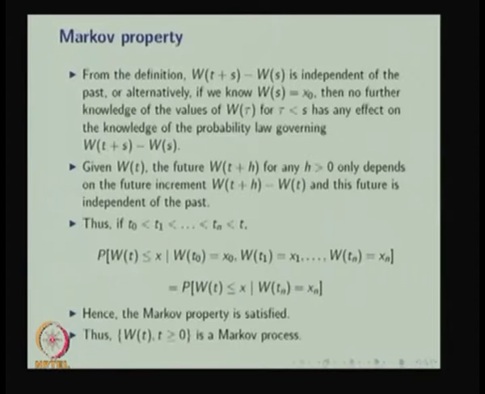Therefore, given W_t, the future W of t plus h for any h greater than 0 only depends on the future increment W of t plus h minus W_t, and this future is independent of the past. Hence this Markov property is satisfied. Since the Markov property is satisfied for arbitrary time points t0 to tn, this stochastic process is called a Markov process. So hence the Brownian motion is a Markov process.